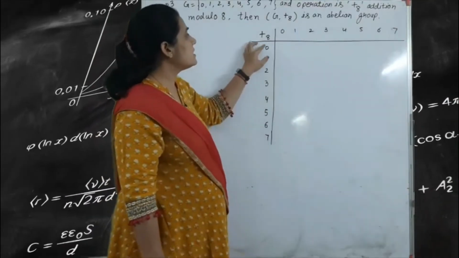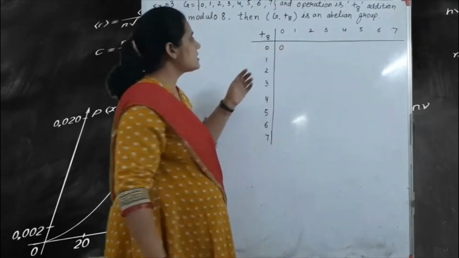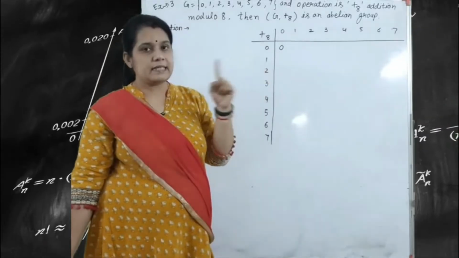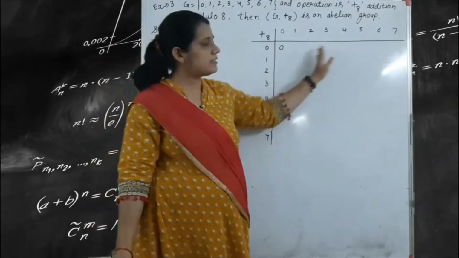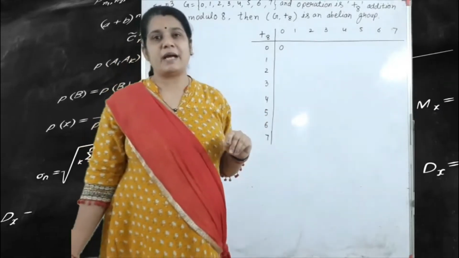So 0 plus 0 is 0. Always keep in mind, if the sum of two elements is less than 8, you write that number as it is. But if it is 8 or greater, you divide by 8.